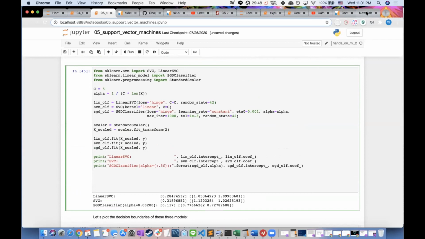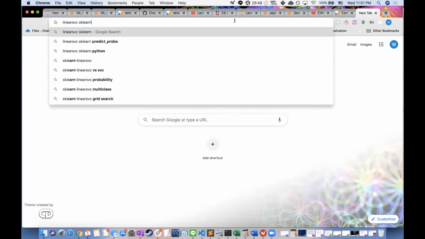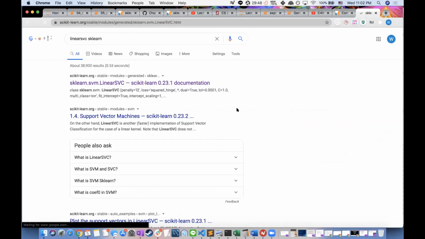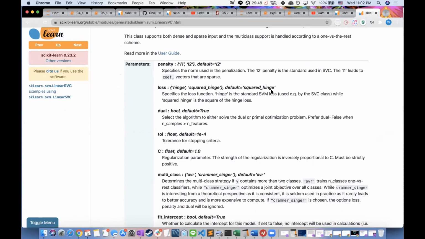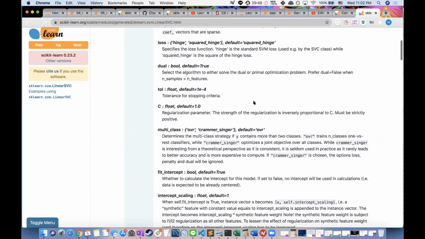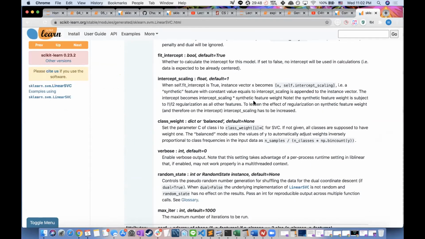You can try it by just specifying that in that box and seeing what it does. But we can check on the API directly. So it actually says that dual is equal to false when n samples is greater than n features. So in this case, it automatically uses primal for this problem then, right?